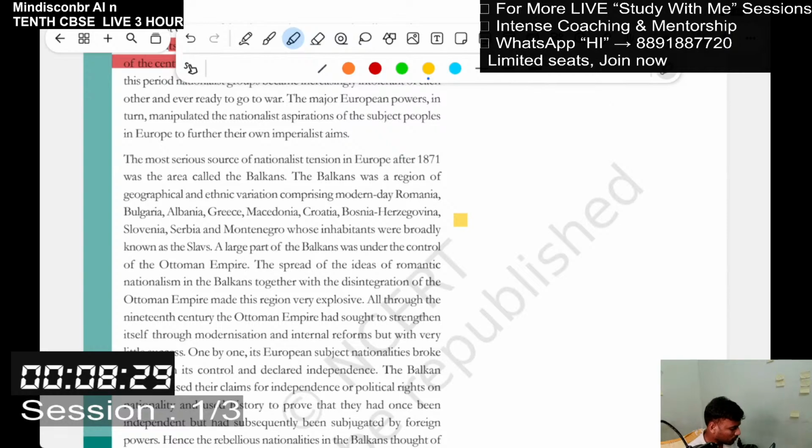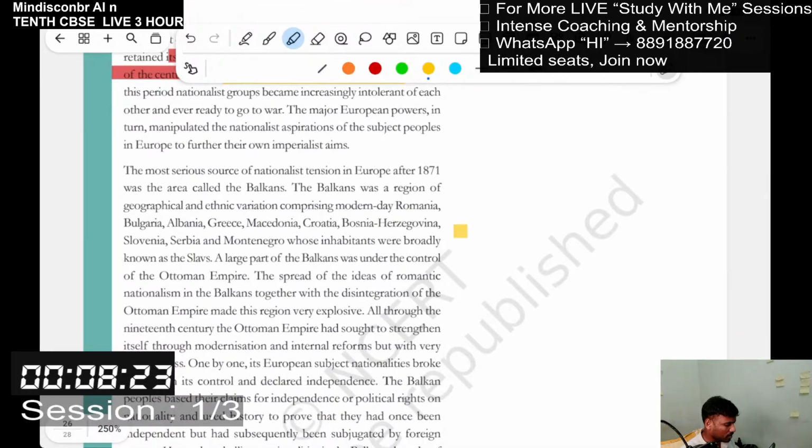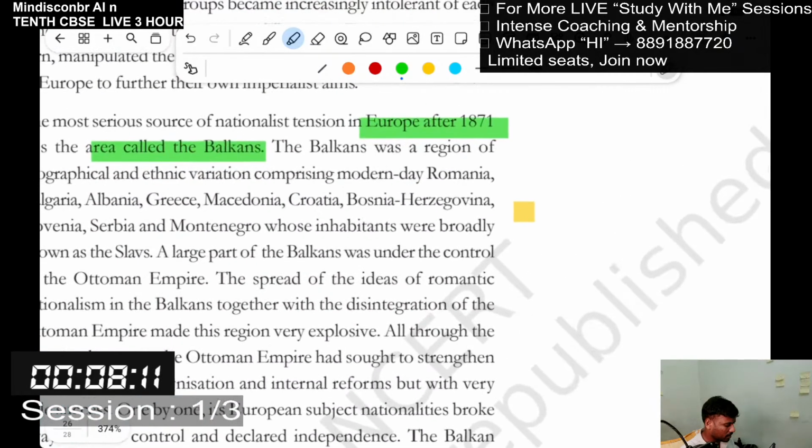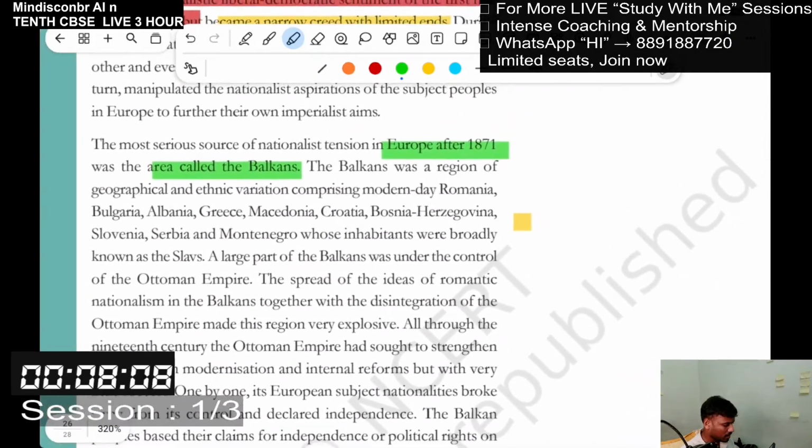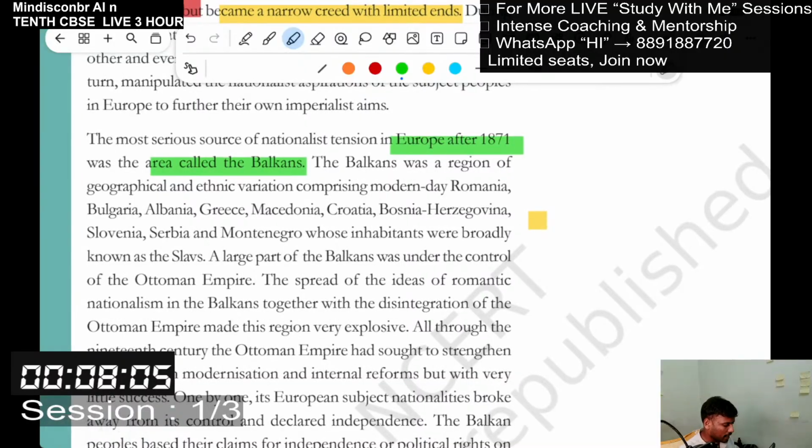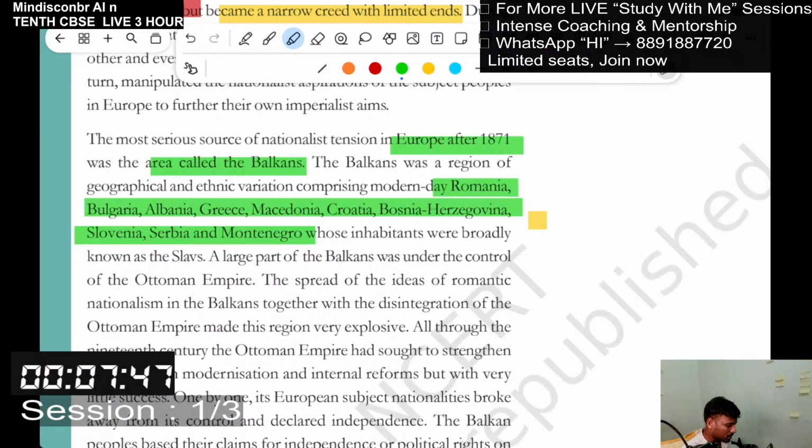The most serious source of nationalist tension in Europe after 1871 was the area called the Balkans. The Balkans was a region of geographical and ethnic variation comprising modern day Romania, Bulgaria, Albania, Greece, Macedonia, Croatia, Bosnia Herzegovina, Slovenia, Serbia, and Montenegro, whose inhabitants were broadly known as Slavs.